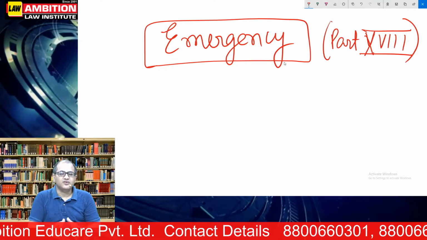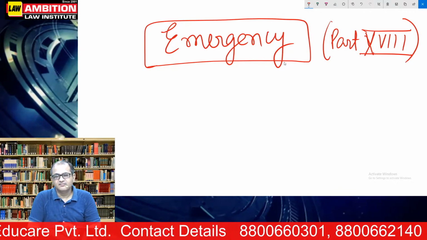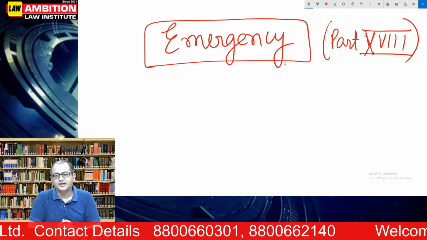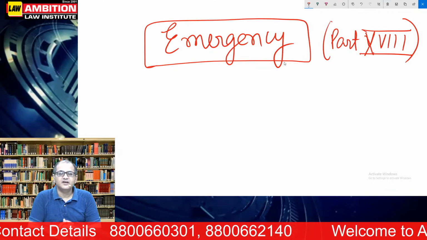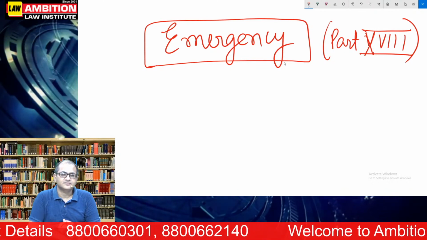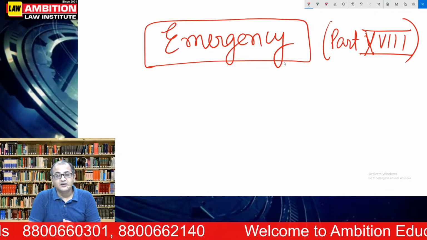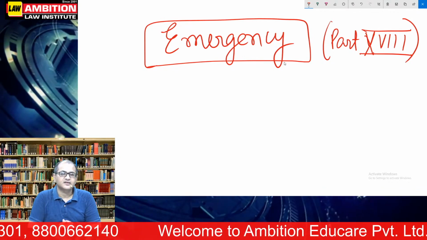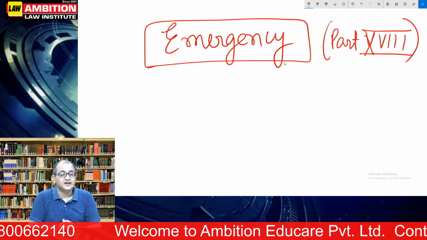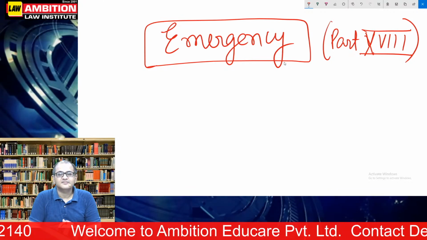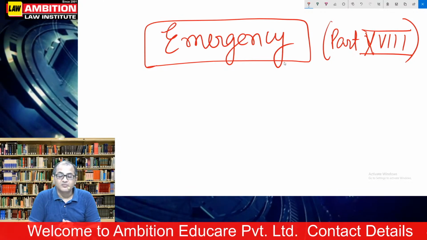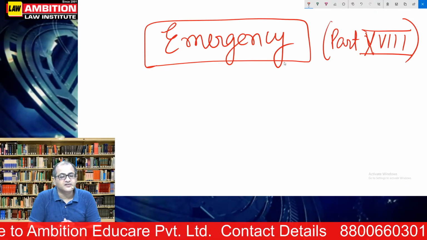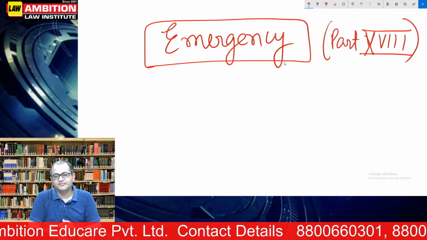So many scholars, there is a scholar Birch, says that federal government is a weak government. And as it is a weak government, it is more required that it should have enormous power in the times of emergency to meet the exigencies of emergencies.